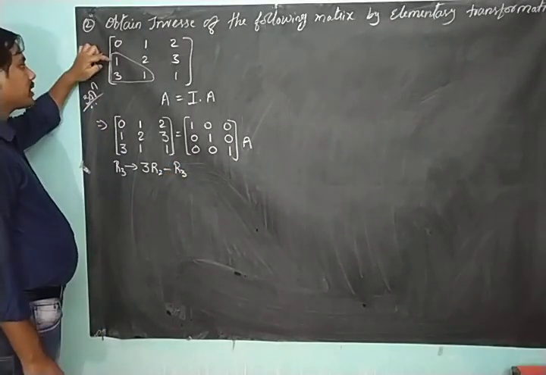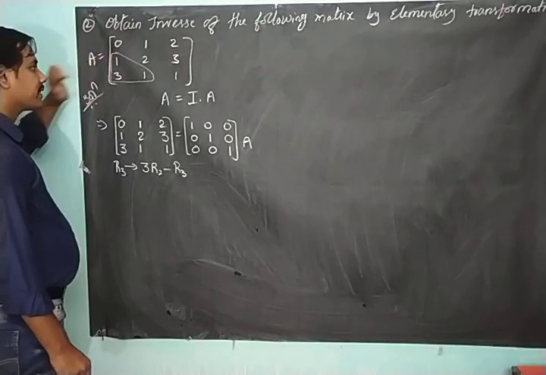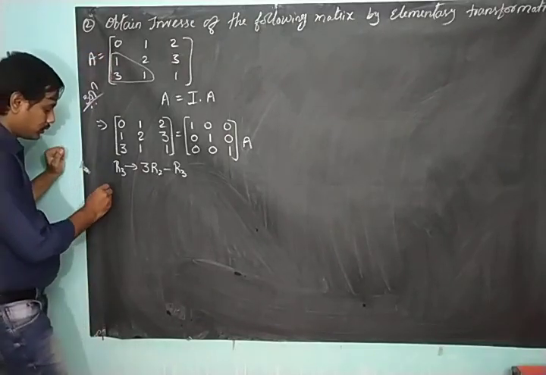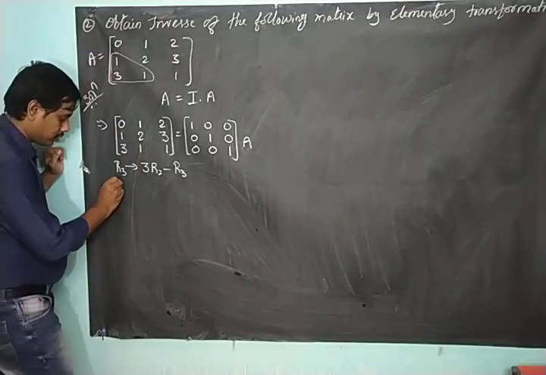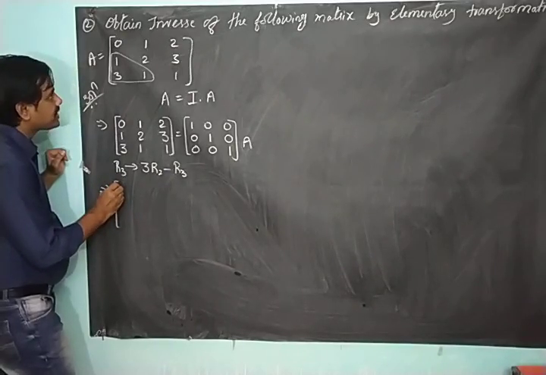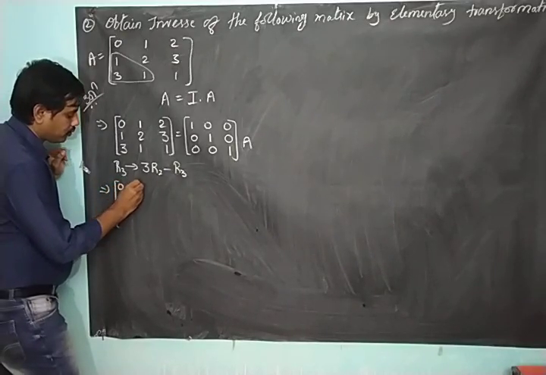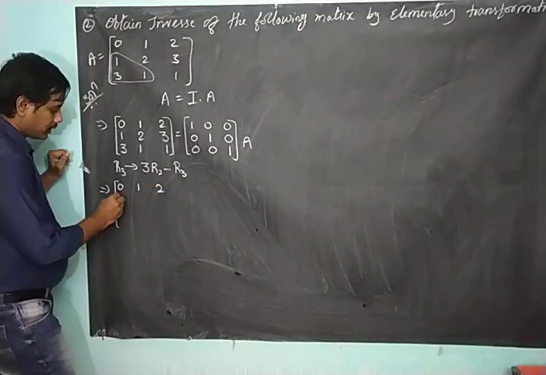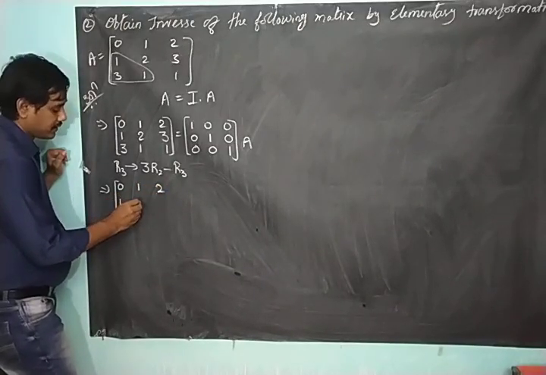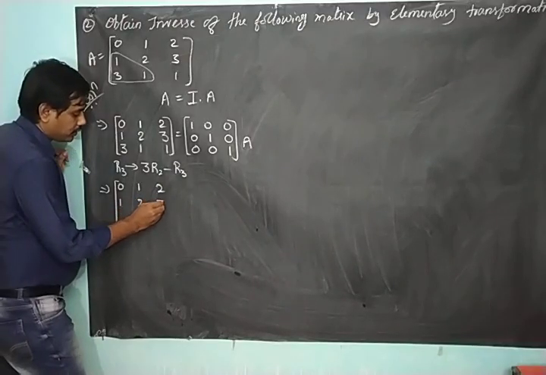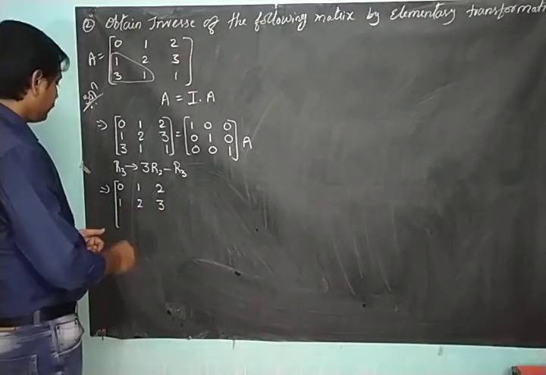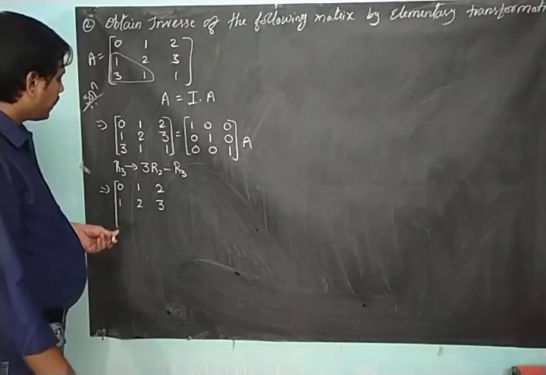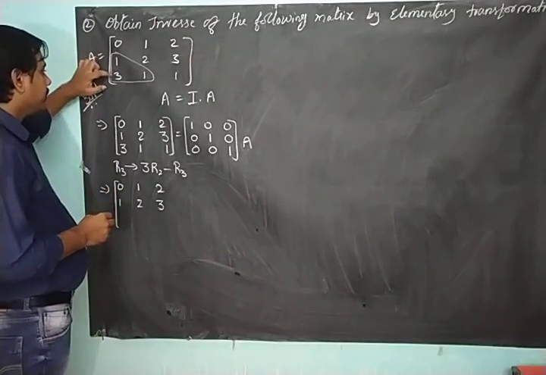So 3R2 means 3 into 1 is 3. 3 minus 3 will be 0. So first row will remain as it is, 0, 1, 2. Second row also will remain as it is, 1, 2, 3.